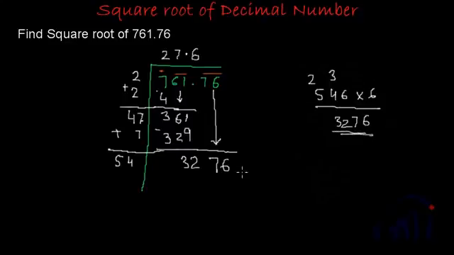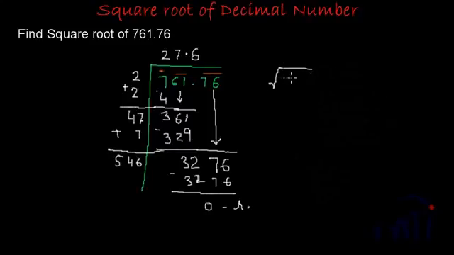Because this is exactly the same as what we have over here. So if we put 6 at the units place, we will get 3276. 546 multiplied by 6 is 3276. And if I subtract it, I'll get 0 as remainder. That means the square root of 761.76 is 27.6. Right? So this is the result.